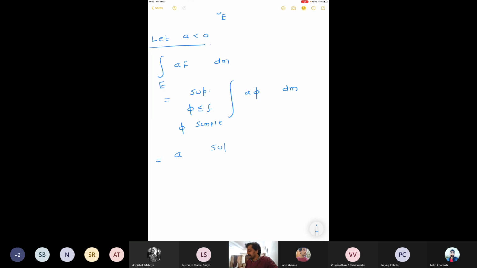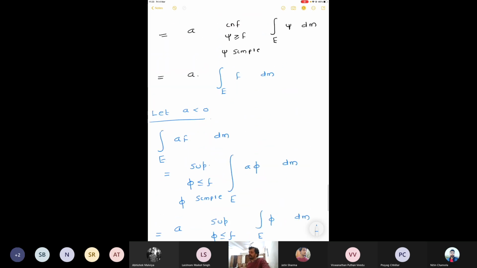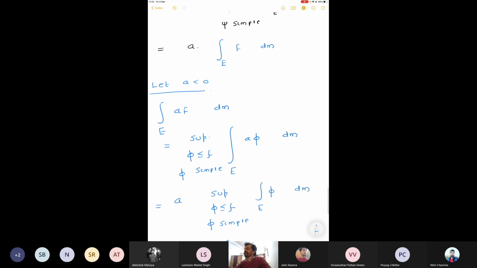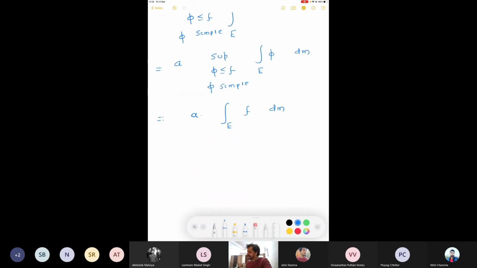A times the supremum over all phi simple, phi less than or equal to F, of the integral of phi dm. And by definition, this supremum is the integral over E of F dm. So this proves the scaling result that the integral of AF is A times the integral of F. Now I have to define it for the sum.